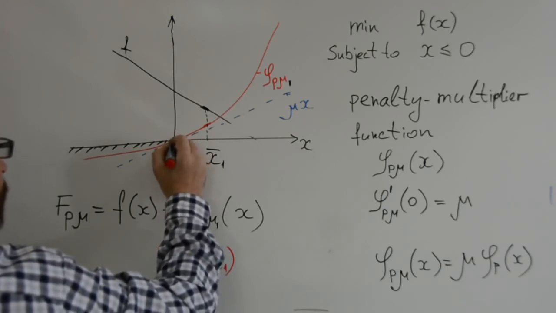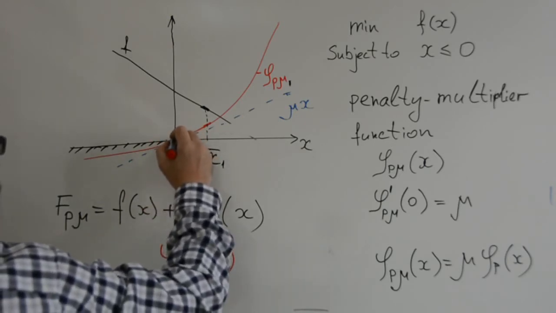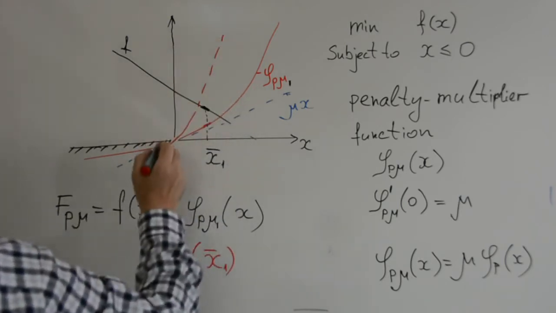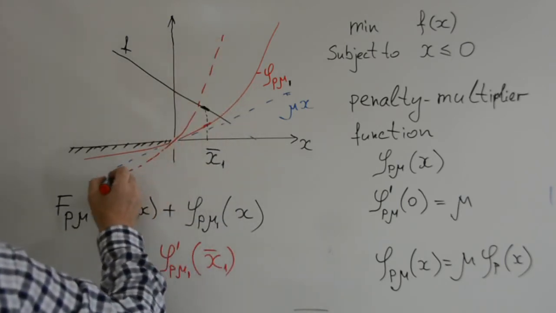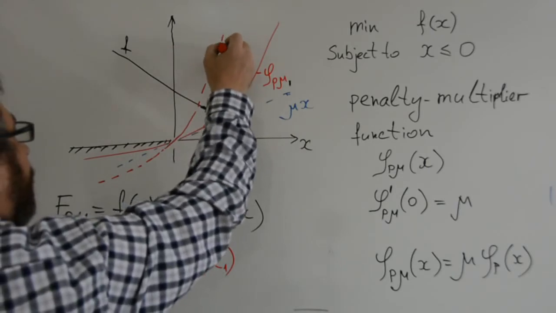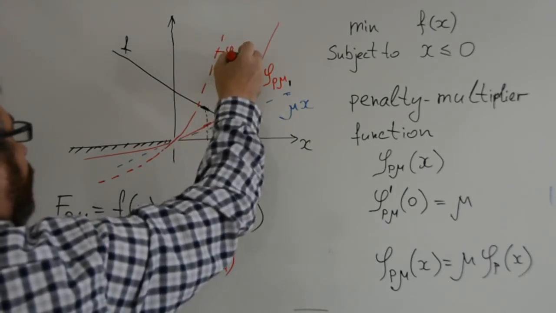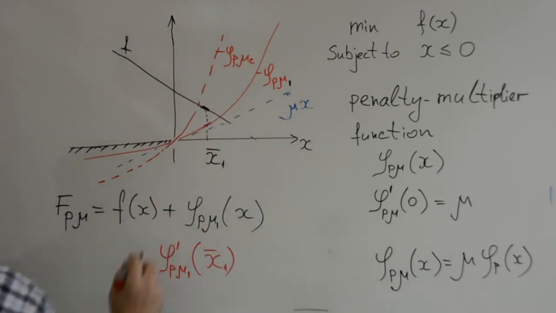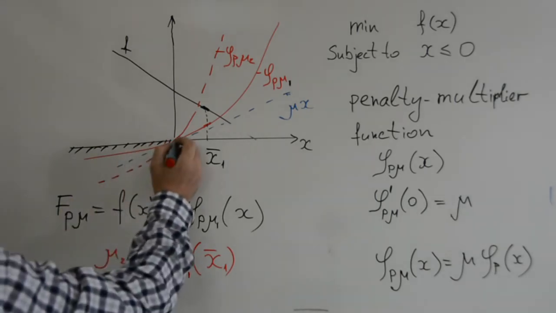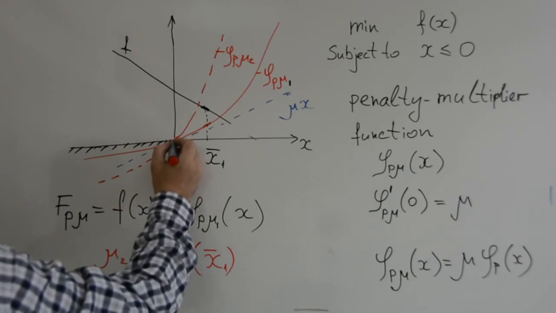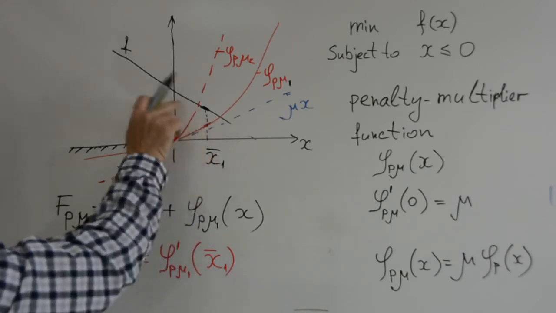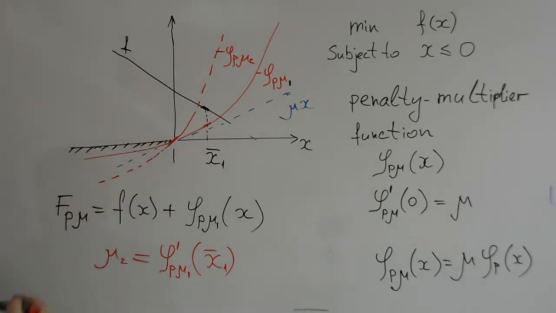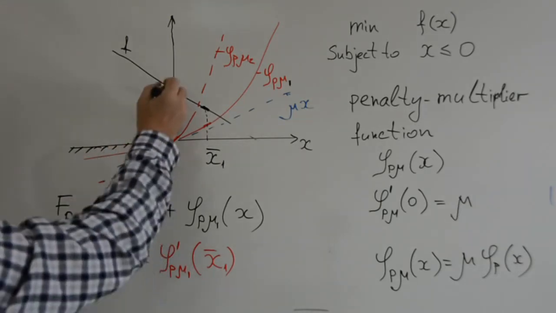Let's try to do an accurate picture. So this is our next penalty function. This is phi p mu2, and we took mu2 equal to this expression. So we built a penalty function which has this slope, which compensates our objective function at the origin.